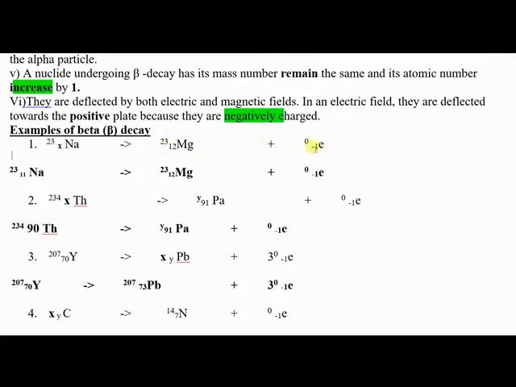Because it is undergoing one beta decay, the atomic number is going to increase by 1, and the mass number remains the same, as you can see here. We can see this is 12, this is 23. So what could be the original? If this is 12, it means this one should be 11.